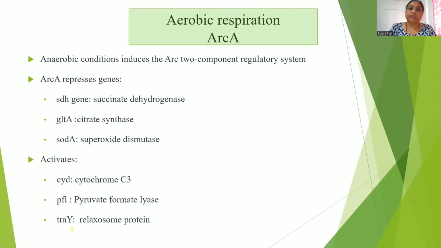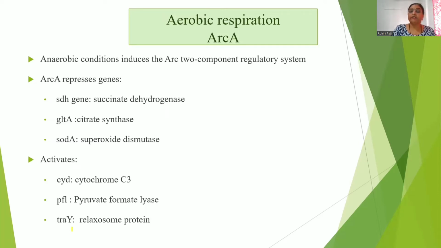Thus, aerobic respiration in E. coli is a global control network, or global control system, or global regulatory system, which controls a number of genes. And the regulators involved in this global control system are called the global regulators.